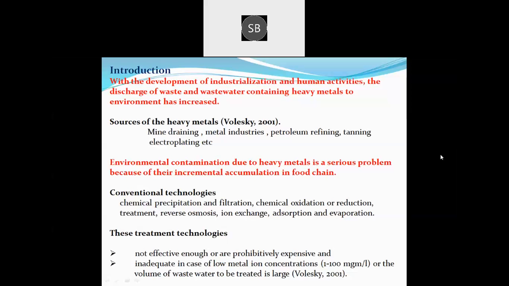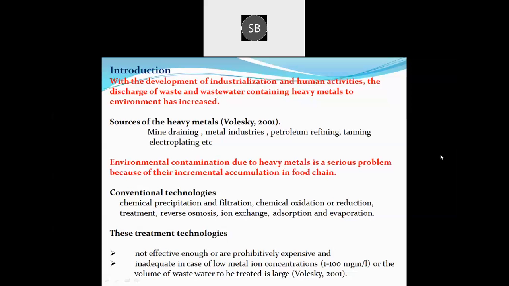There are so many technologies that have been put forth for the removal of heavy metals. Conventional technologies include chemical precipitation, filtration, chemical oxidation, reduction, reverse osmosis, ion exchange, adsorption, and evaporation. Now, what is the drawback of all these technologies?